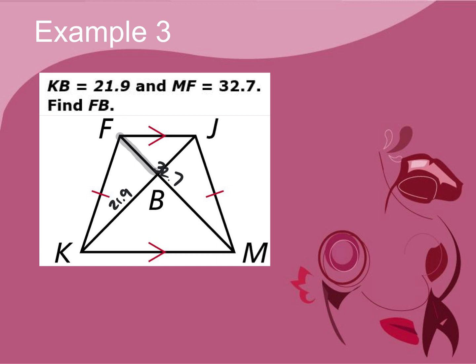All right? Daniel? Divide 32.7 by 3. So I think you're thinking of a centroid with the medians, right? And the medians get cut into thirds. This is an isosceles trapezoid now, so we don't know that it's cut into thirds. Dylan?